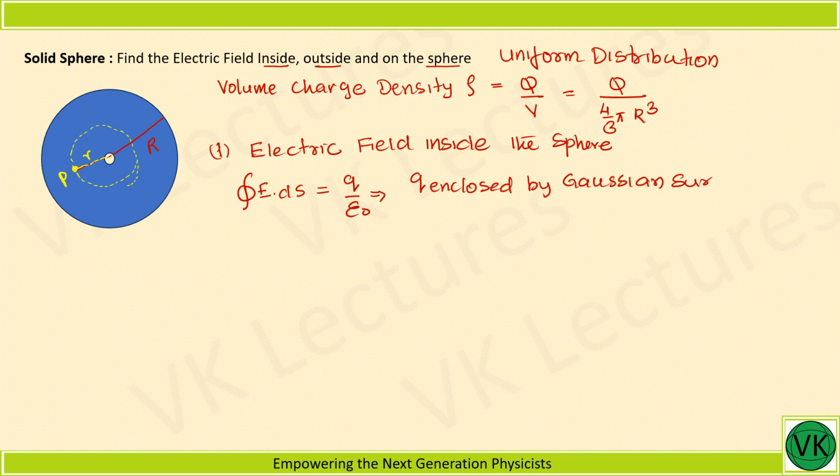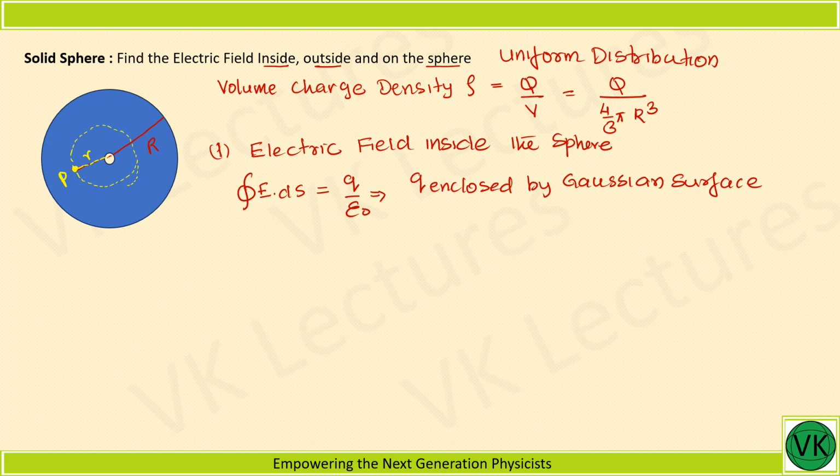Now what is the Gaussian surface here? What is given in this yellow color is the Gaussian surface, and the amount of charge inside this Gaussian surface is what is given by Q.